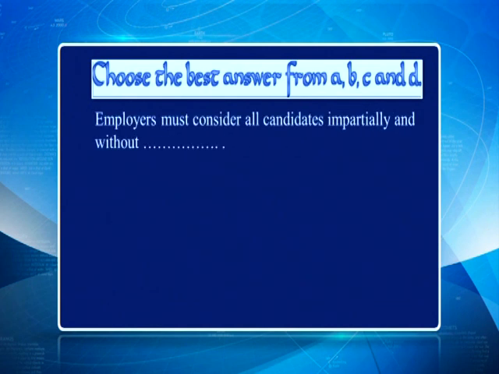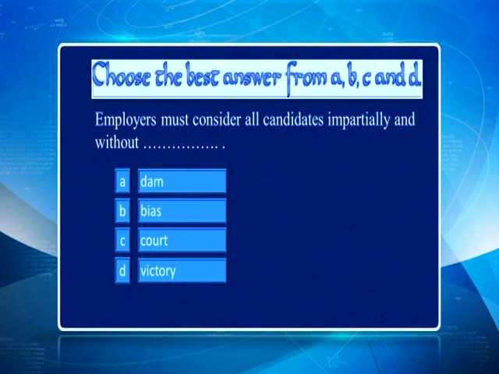Next example, employers must consider all candidates impartially and without blank. We have dam, bias, court, and victory. So which one is the best answer here? Employers must consider all candidates impartially.